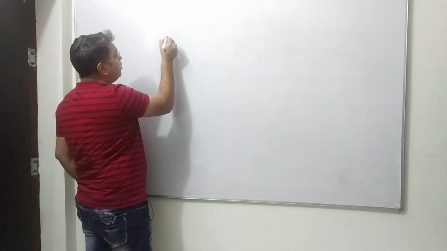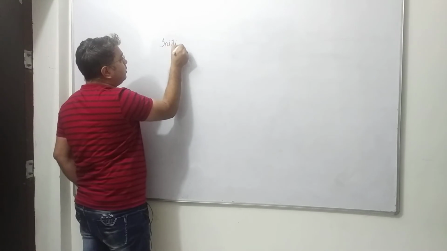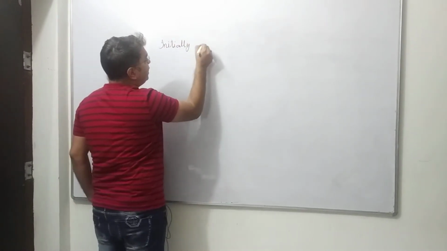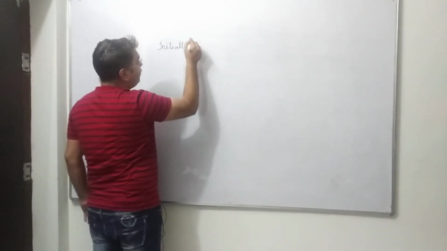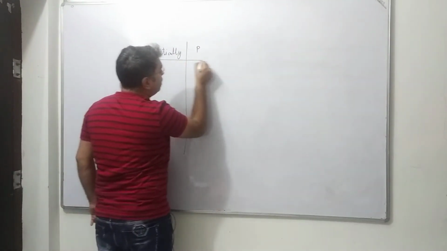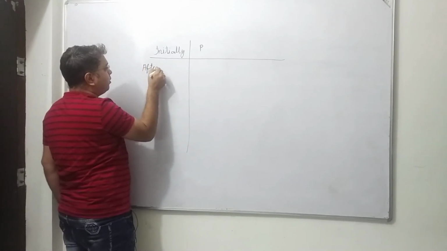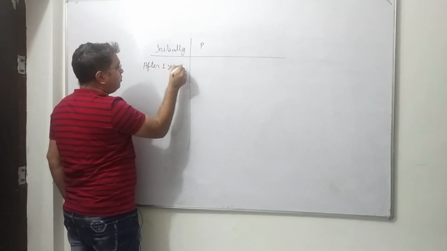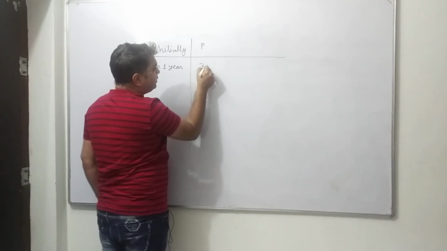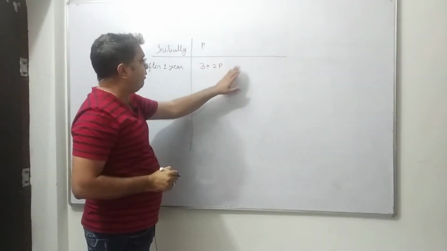Initially, what was the population? Initial population we can write is P. After 1 year, the population is 3 plus 2P. This is given in the question.